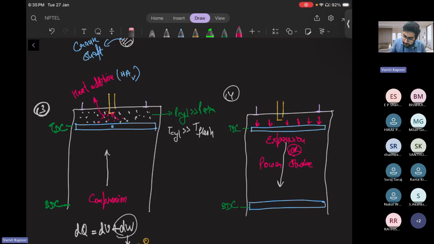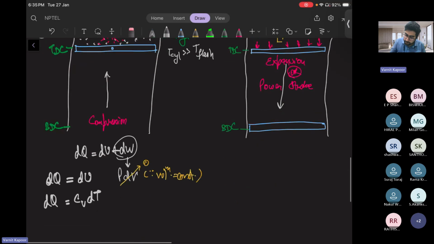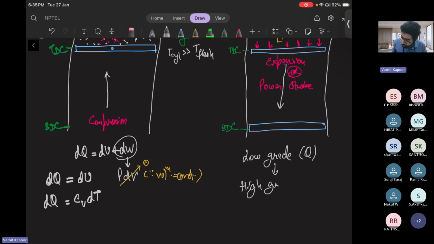I'll write all these points here. Low grade form of energy is converted into high grade form of energy, that is your work.